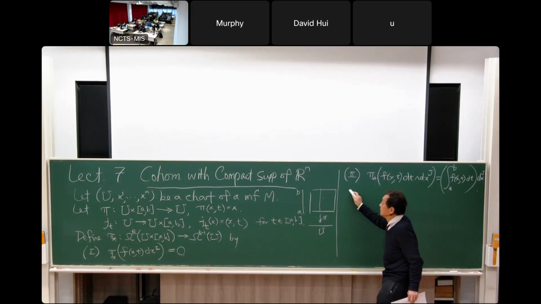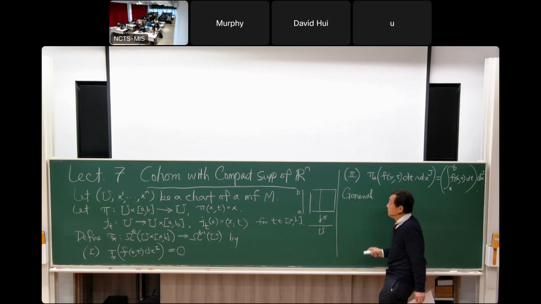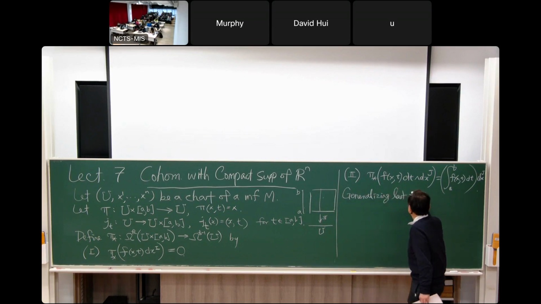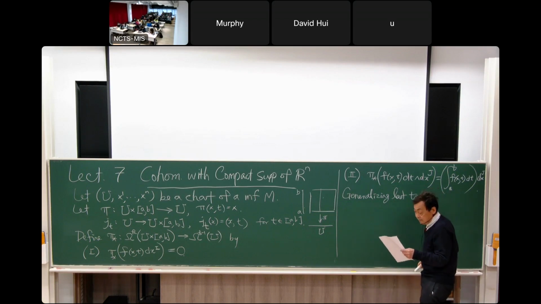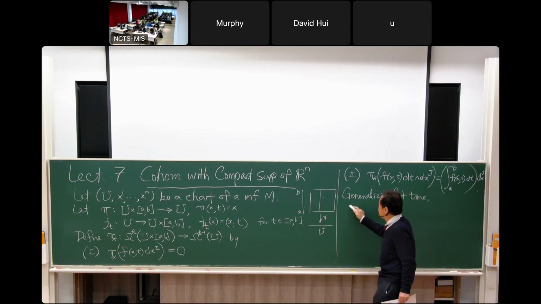I mean, this is exactly like what we did last time, except we have the interval [a,b] instead of [0,1]. And then the proof last time will give us a similar formula.